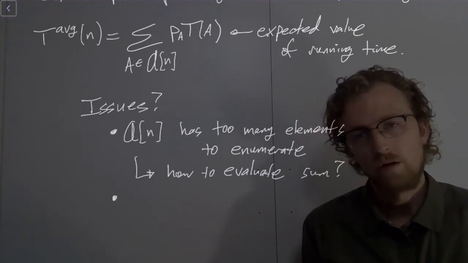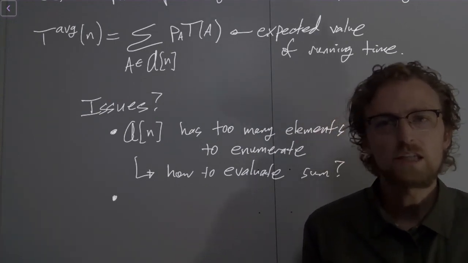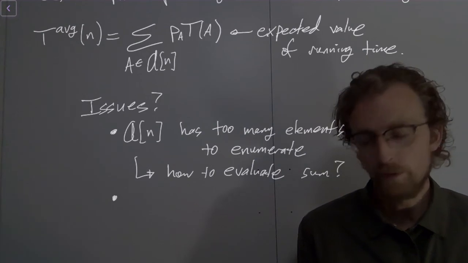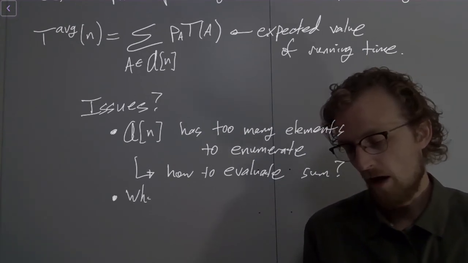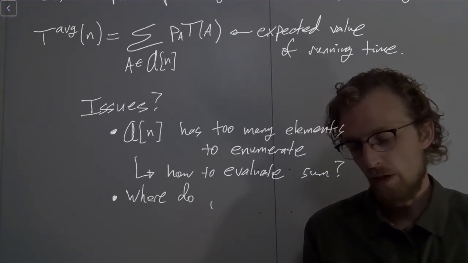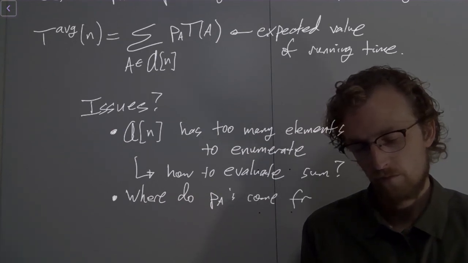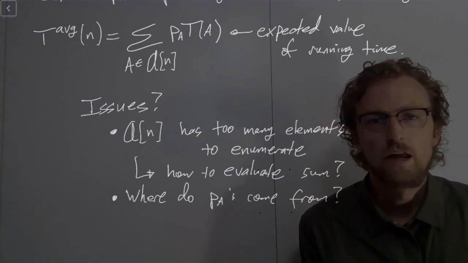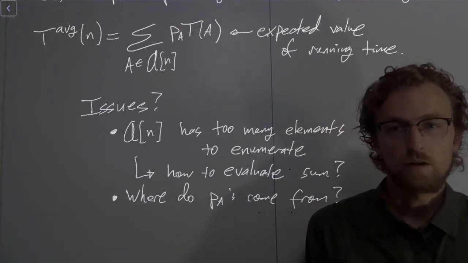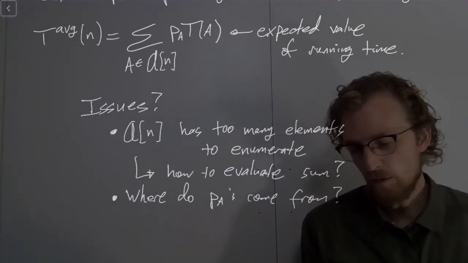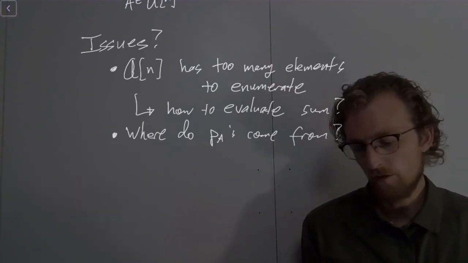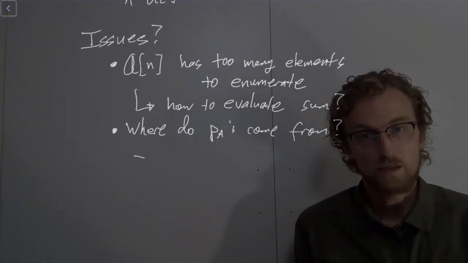Point number 2 is where do we get these P_A's? Where do the probabilities come from? This is also non-trivial. The answers in practice are going to be, there are 2. One of them is they could come from experiments.